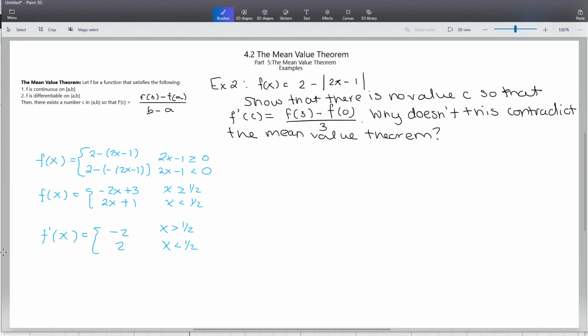All right. So then let's look for this given value. We want to look at f of 3 minus f of 0 over 3. So this is going to be 2 minus the absolute value of 2 times 3 minus 1, minus, put that in parentheses, 2 minus the absolute value of 2 times 0 minus 1, over 3.